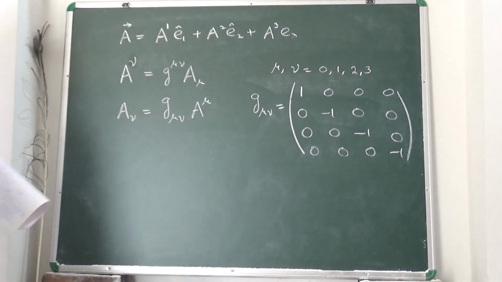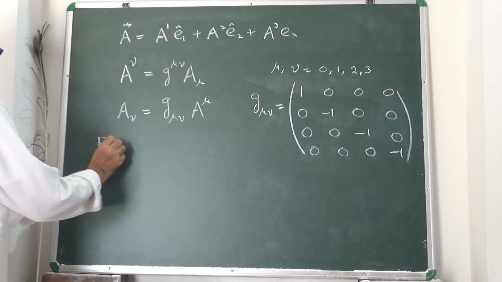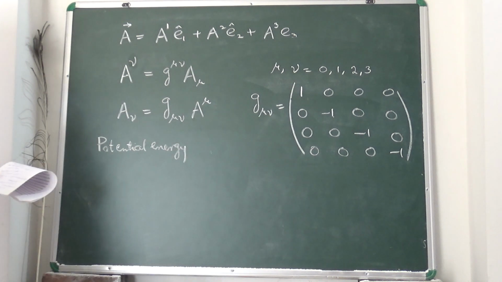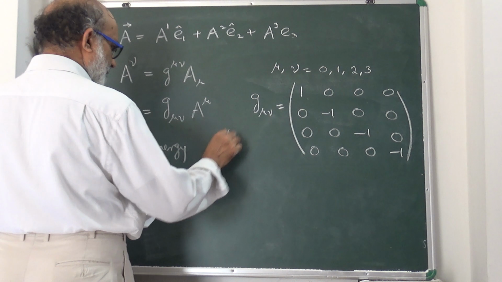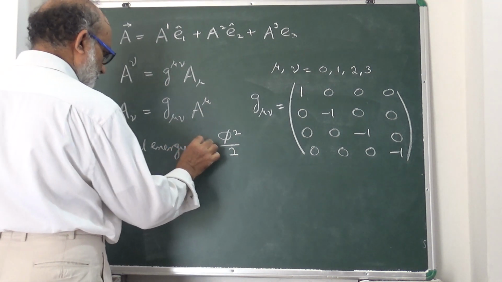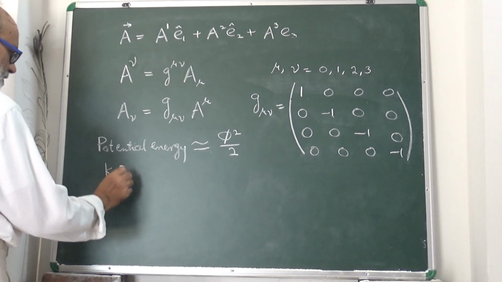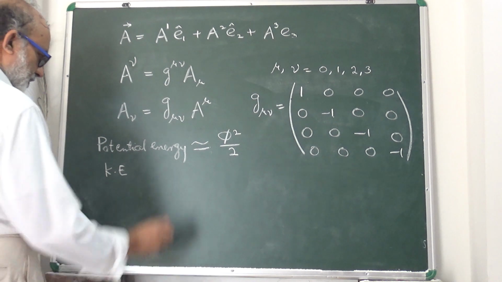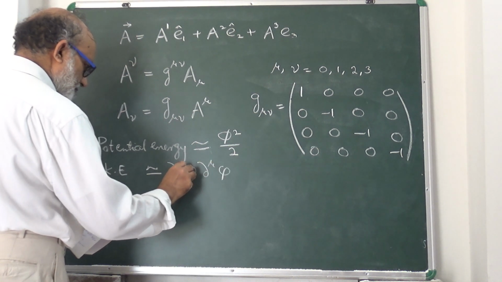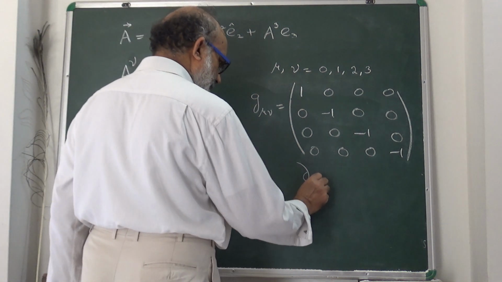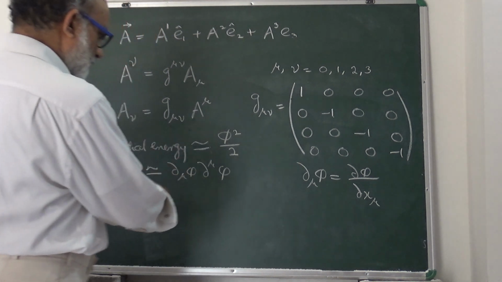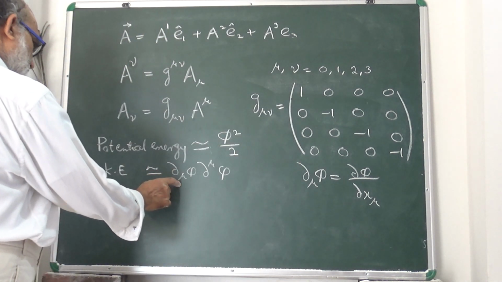So the potential energy for the field will be phi square by 2, and the kinetic energy for the field, I am taking the field as phi, is written as del mu phi, where del mu phi means del phi by del x mu. So one comes as covariant, the other as contravariant.